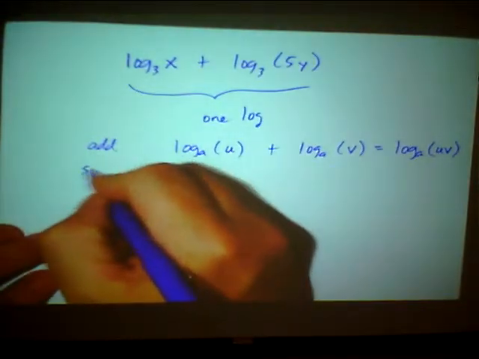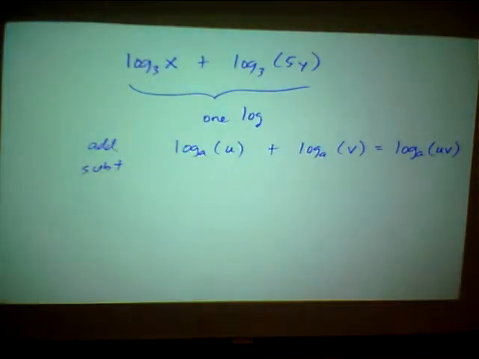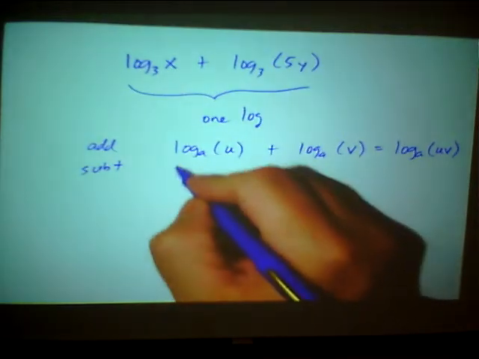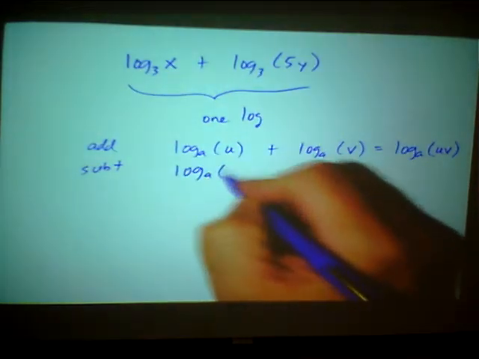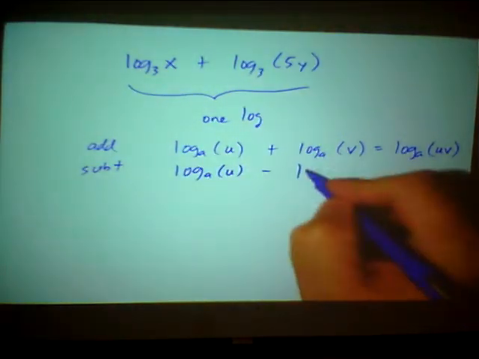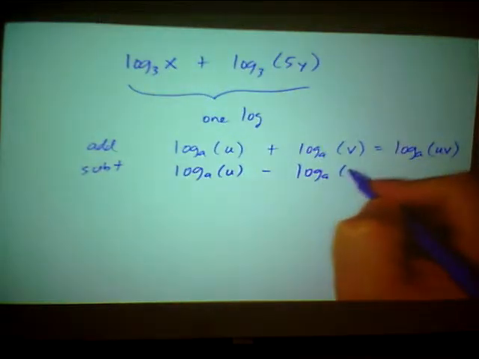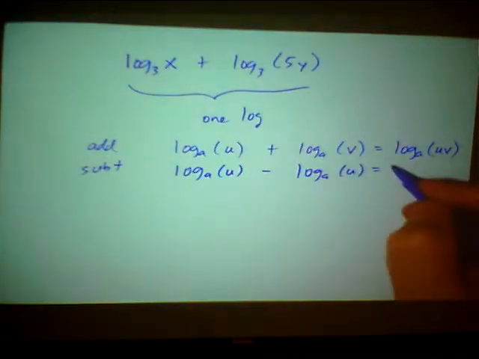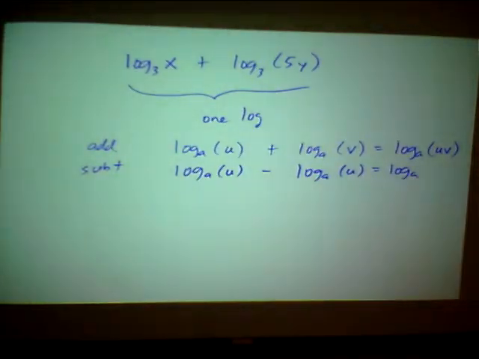There are also times when you want to subtract log terms. So in this case, now we're subtracting two log terms with the same base. And what's interesting is, once again, if we're subtracting two log terms with the same base, we can combine those into one log.